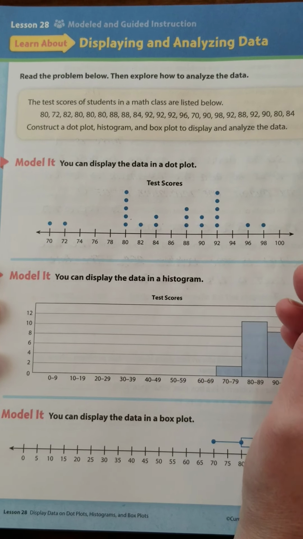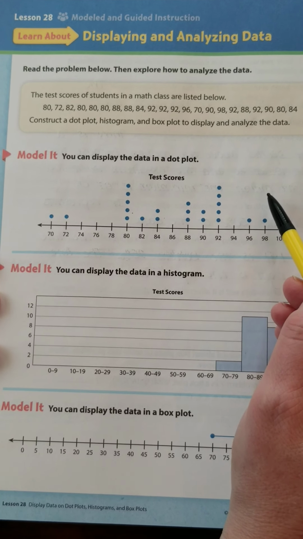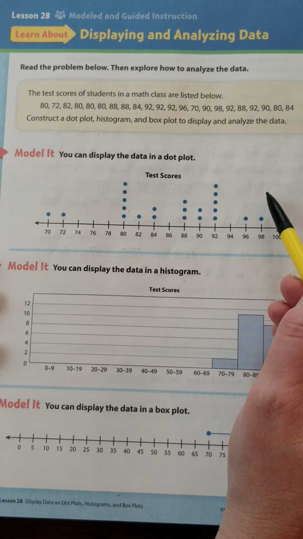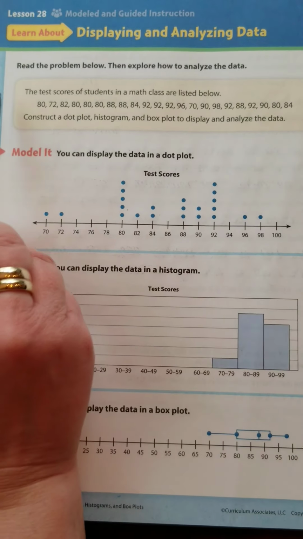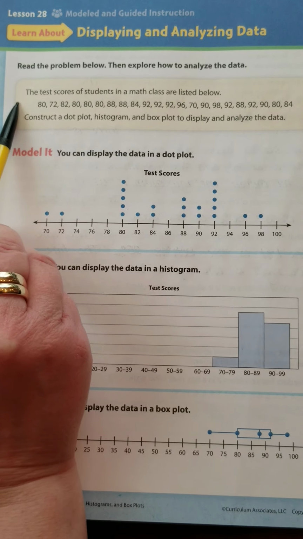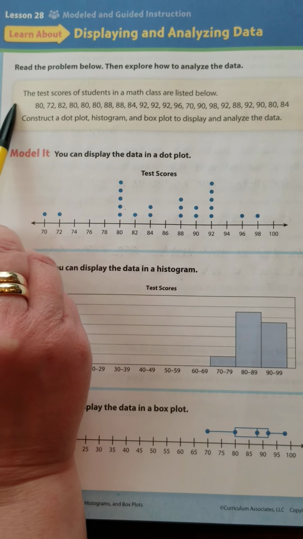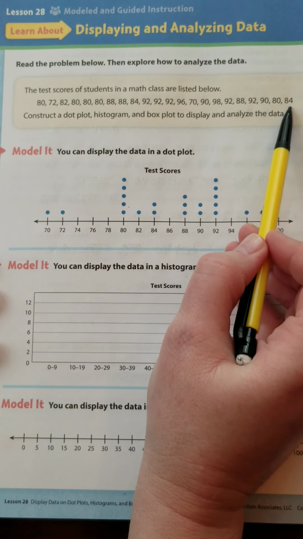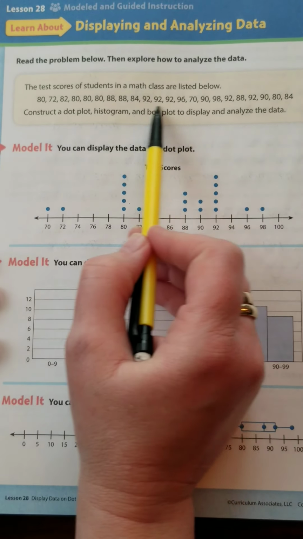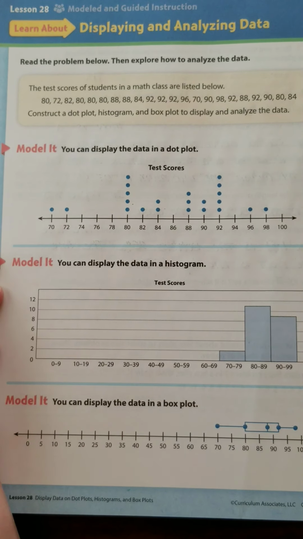Most of us will be on pages 300 and 301, but if you have the 2017 version of the instruction book, you're going to be on 290 and 291. So let's start up at the top in the tan box. The test scores of students in math class are listed below. So here's all of the students. I counted and there's 22 kids in this class, and here's their test scores.